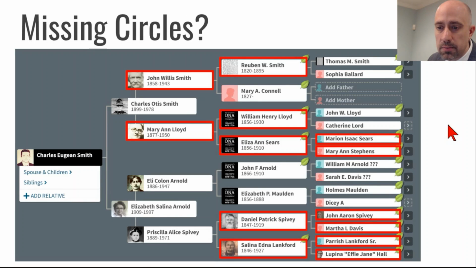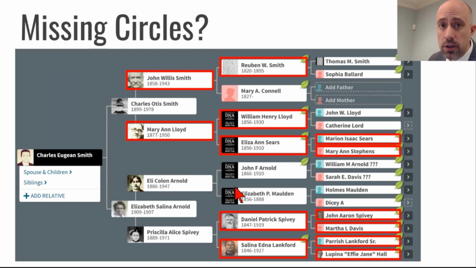Moving on to my maternal grandfather, we see pretty good coverage over here, pretty good coverage here, a big hole here, not a lot of red boxes. I don't think that this is a documentation issue, and looking at this dearth of circles and considering other evidence together with that, I have come to strongly suspect that there's an issue of misattributed parentage somewhere in here.